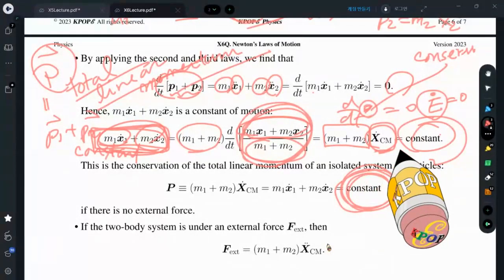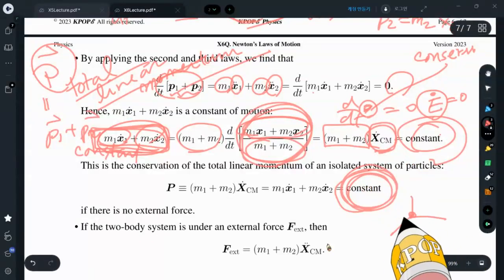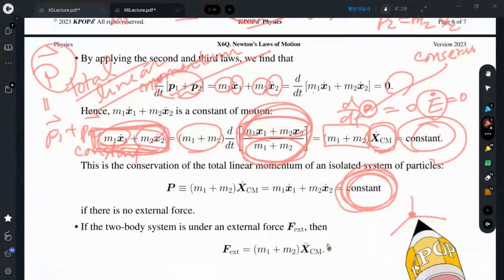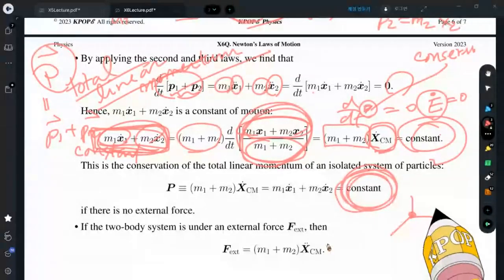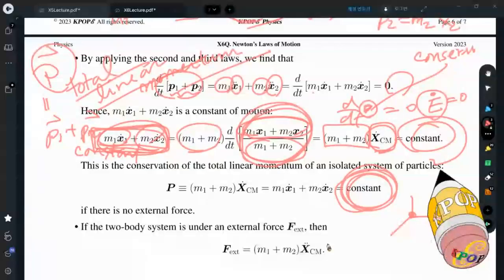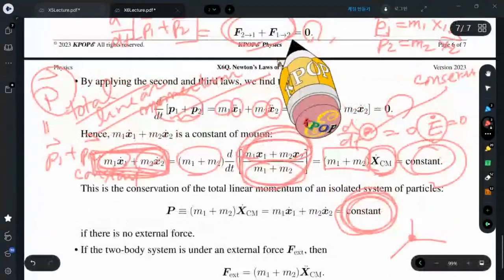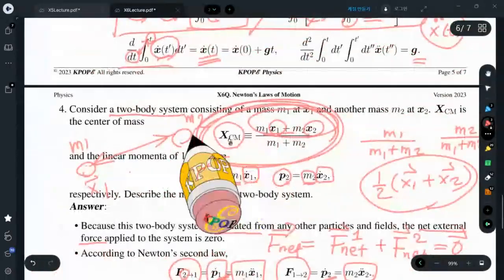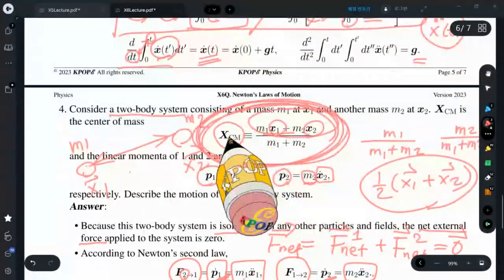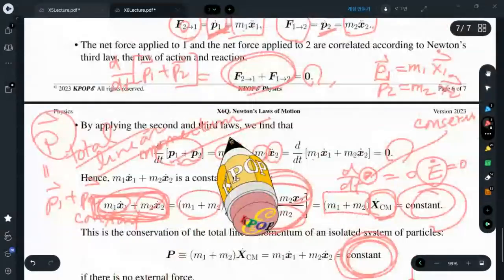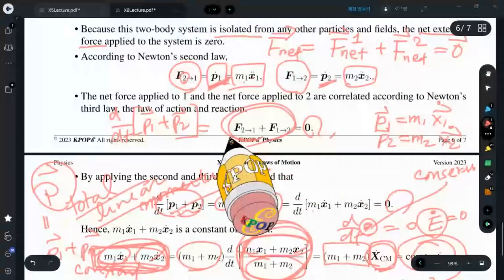For example, if the center of mass was at the origin, then it will be at the origin forever. Something like that. Therefore, this one is very, very useful. And the concept of center of mass basically comes from this law of action and reaction.